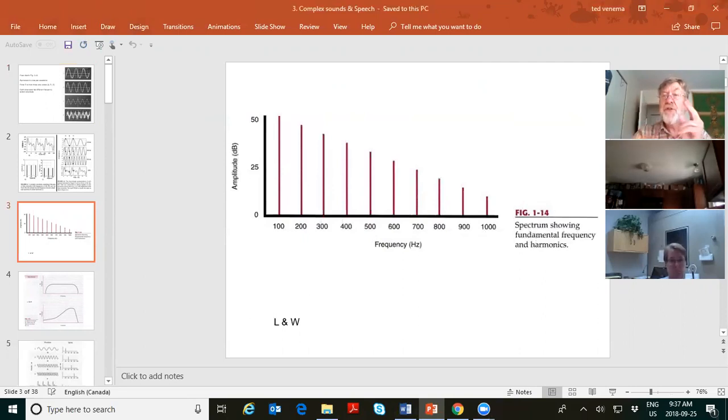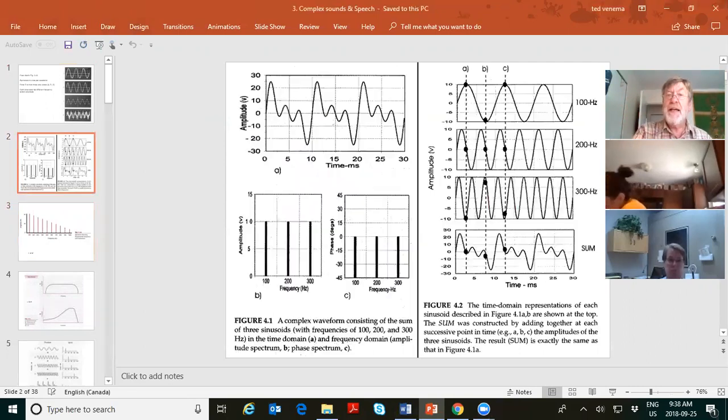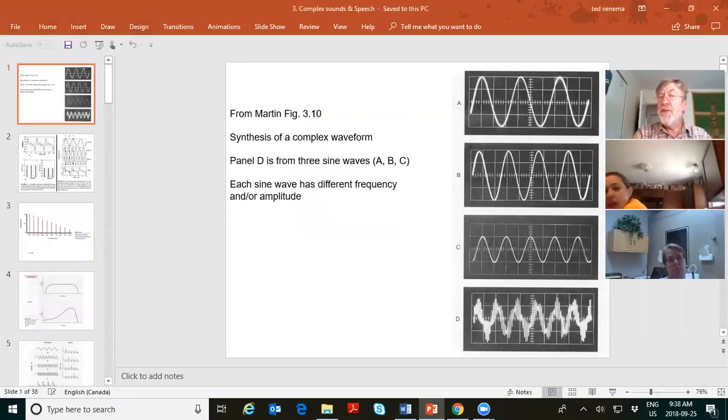Now, why do we have two different ways of representing sound? Because sound takes place over 3 dimensions: frequency, intensity, and time. And yet, a piece of paper only has 2 dimensions, length and width. So we've got to use 2 different kinds of graphs to show you all 3 dimensions of sound. Okay? So in the beginning here, you can look at sound waves.